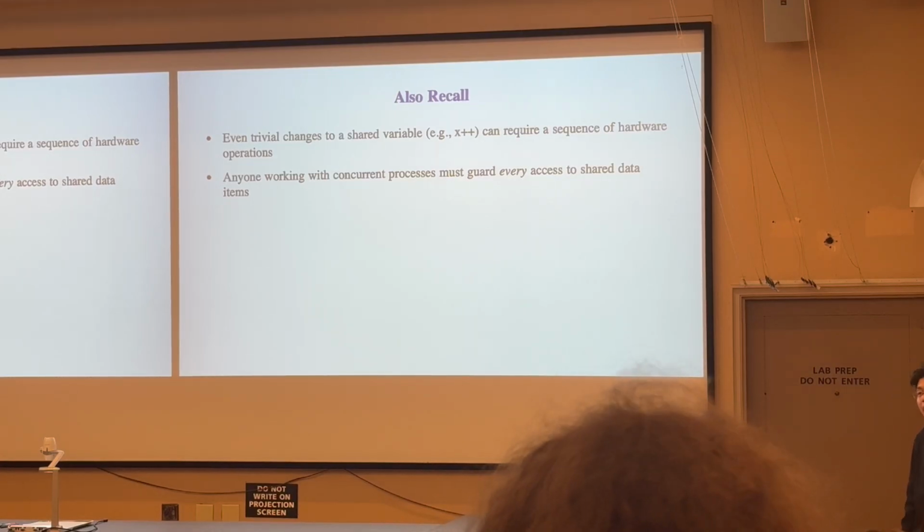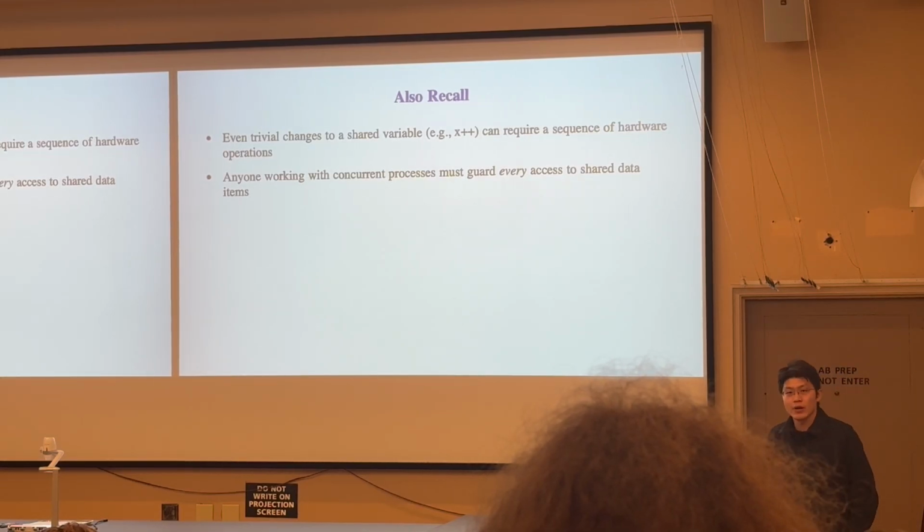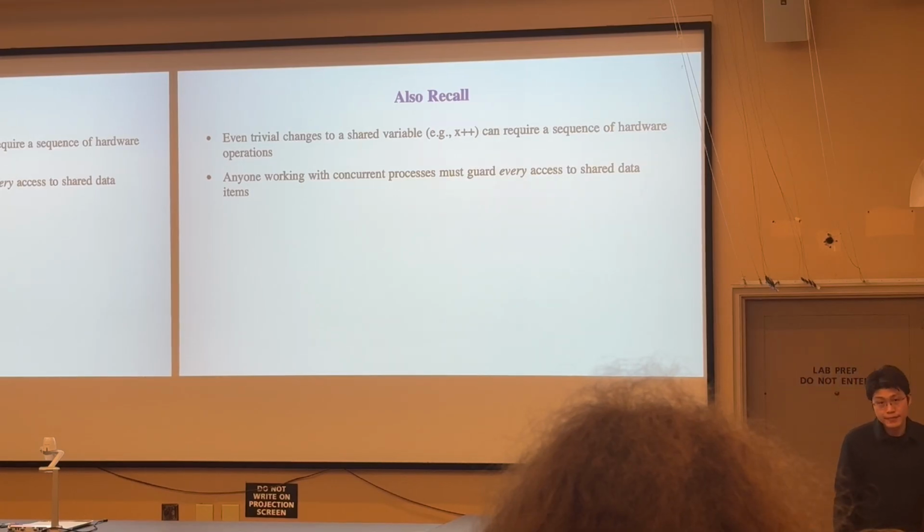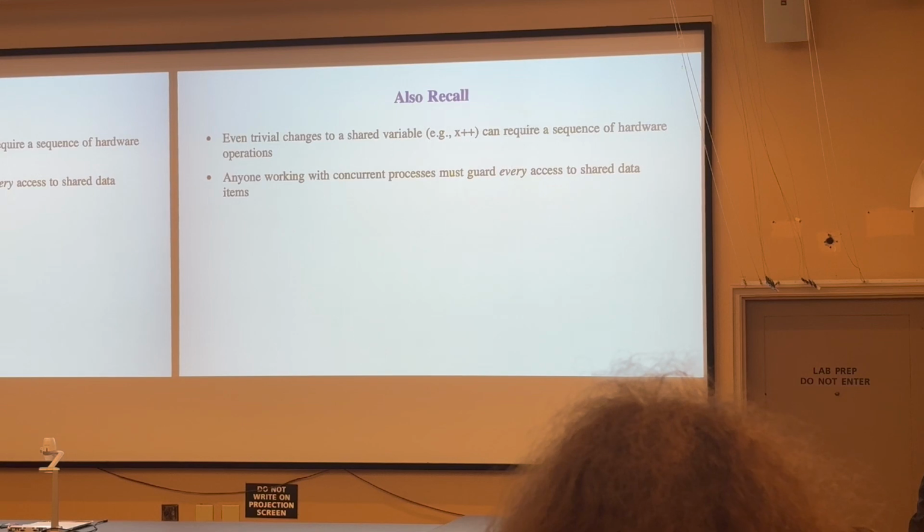What is the sequence of operations from this single line of C code? If you're familiar with C, you probably know this. Incrementing x involves a sequence of operations, not just one.